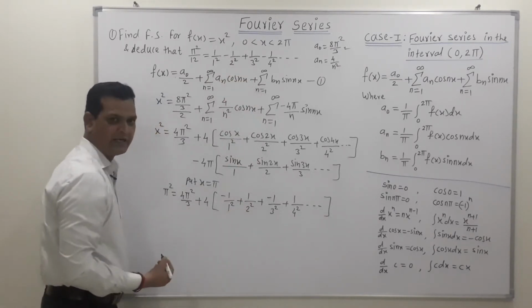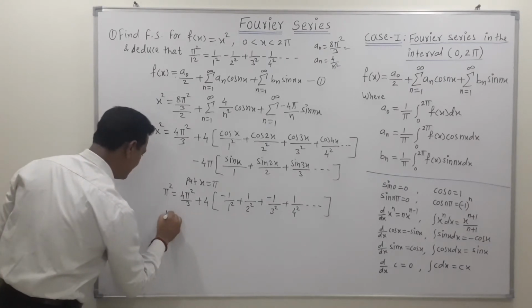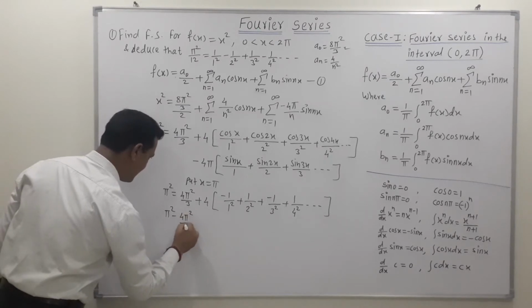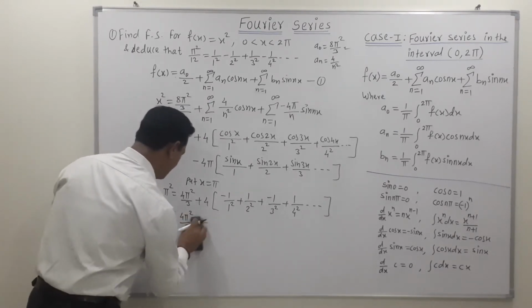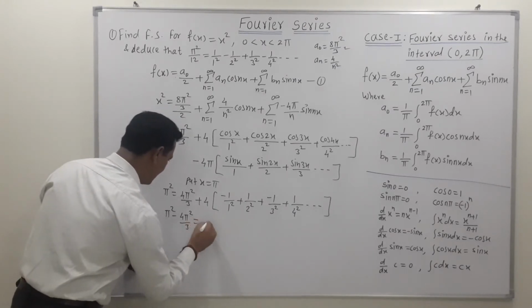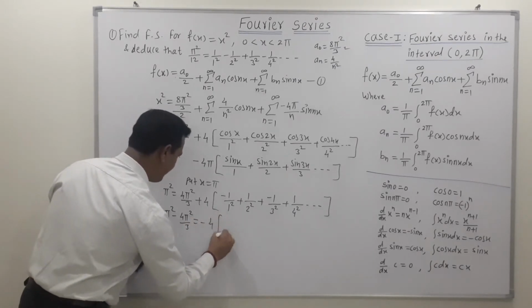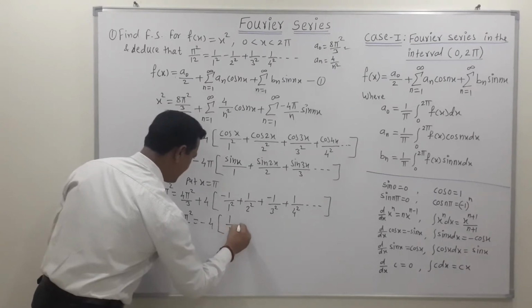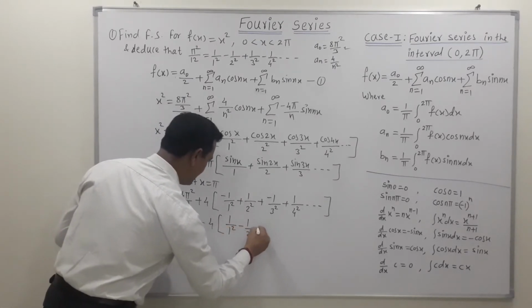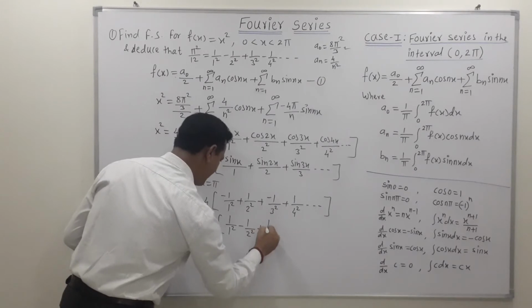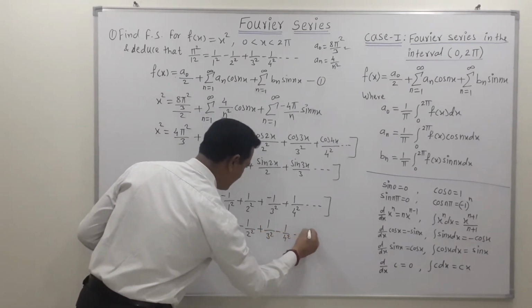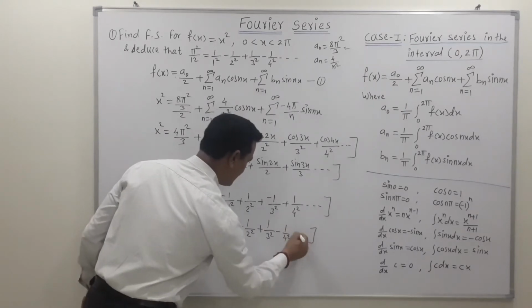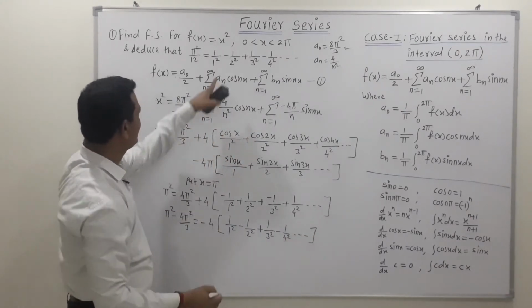If we take the minus sign common, then we write this as x square minus 4x square upon 3 plus, if we take this side to the right, this is minus 4, then we get 1 upon 1 square minus 1 upon 2 square, then plus 1 upon 3 square minus 1 upon 4 square and so on. So here we get the required thing.